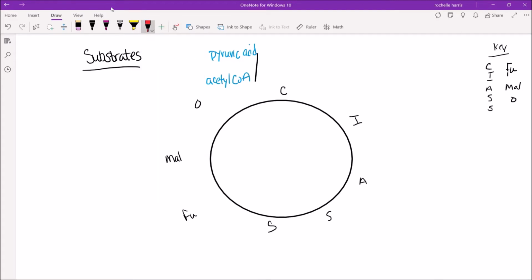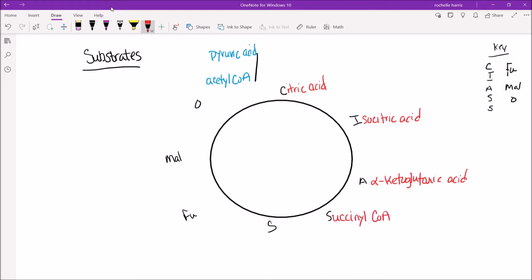On to the rest of our substrates. C is citric acid. I is isocitric acid. A is alpha ketoglutaric acid. Our first S is succinyl-CoA.